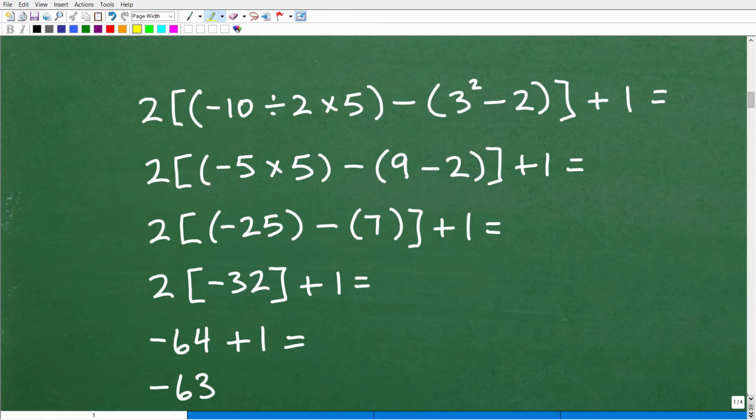So you have to take your time with these problems and show your work in a nice, clear, structured way. But let's take a look at this problem here, and we'll put our little PEMDAS up here.